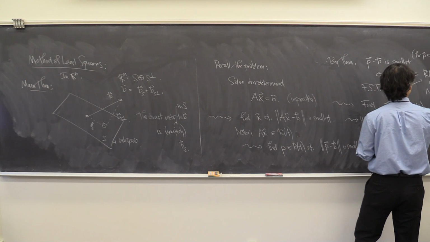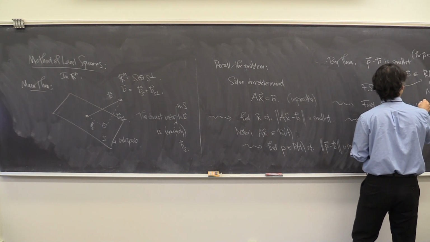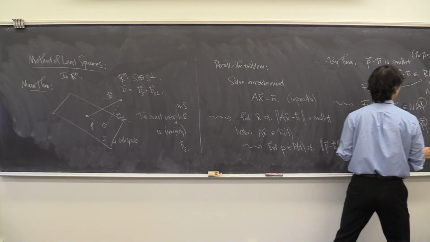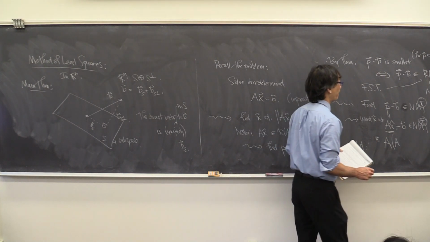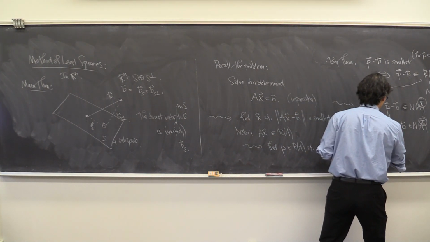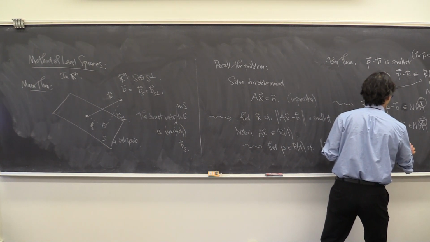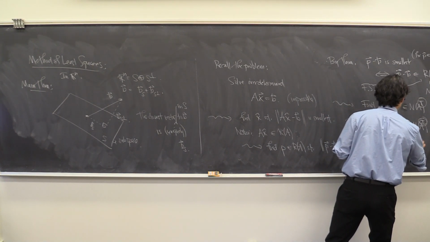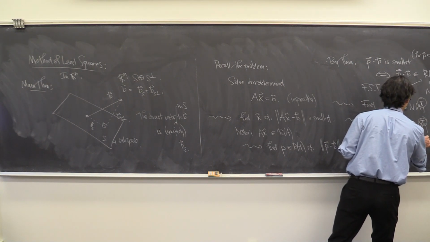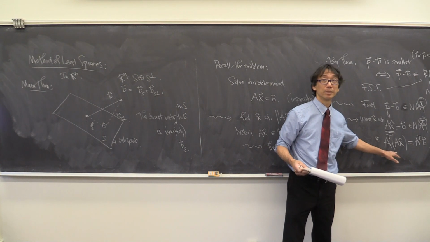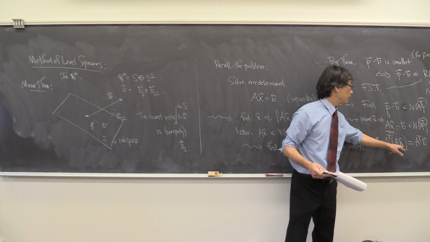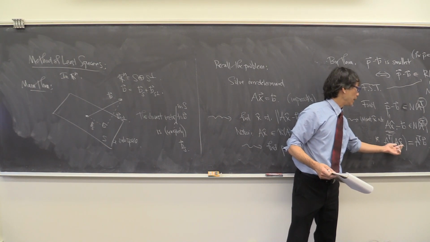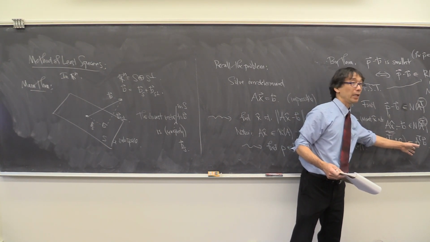Sorry, I messed up the fundamental subspaces there. This should be A transpose. Okay, so we want X hat such that A transpose A X hat equals A transpose B, right?